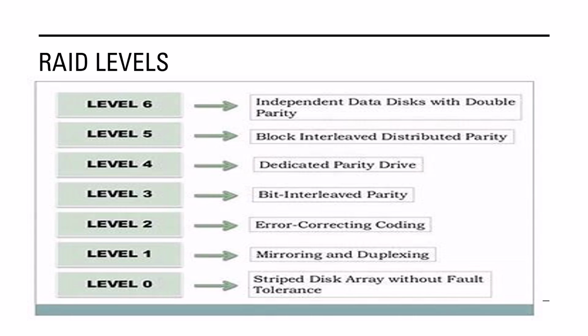RAID 1, called mirroring or duplexing, is two columns again, but the difference here is that you're getting a full copy of the data. So if I have 8 bytes, I'm going to get 8 bytes on one drive, and I'm going to get 8 bytes on the other drive, a full copy.